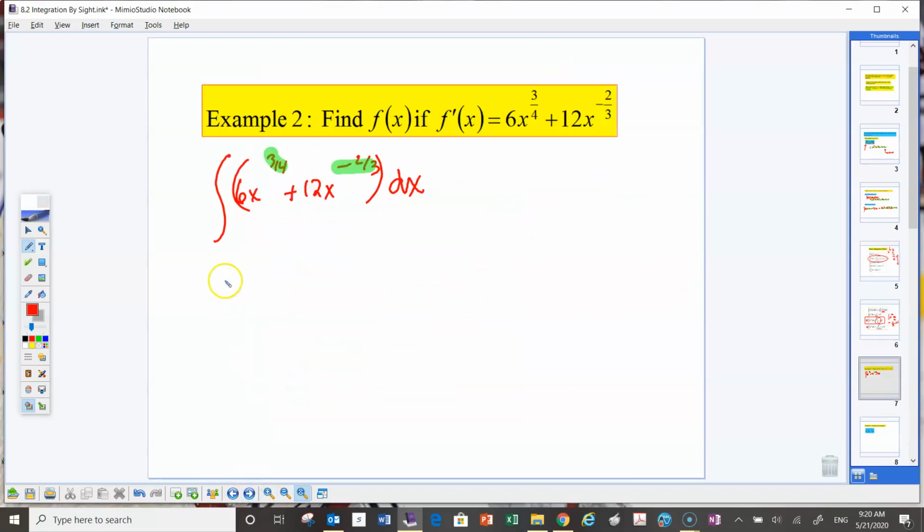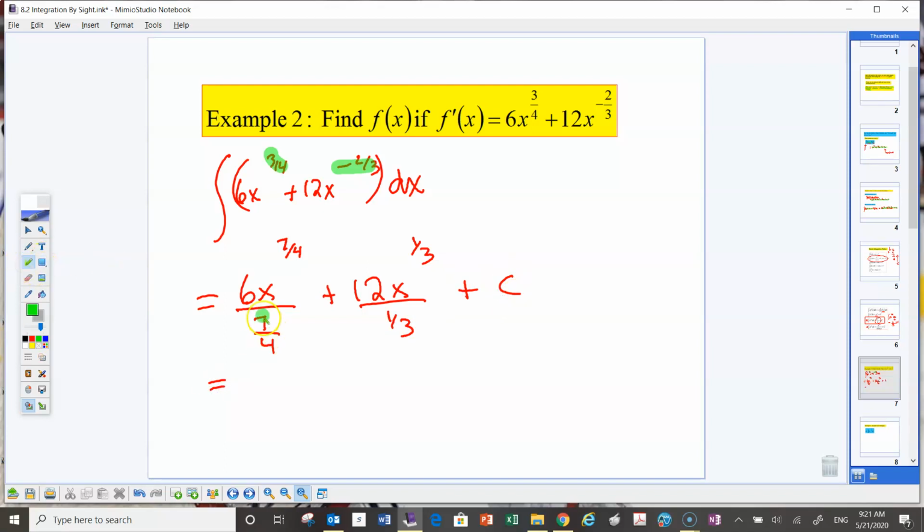So if I add 1 to 3/4, and we'll just do this in steps, I'm adding 4/4, which would end up being 7/4. And then I have to divide by 7/4, plus 12x. If I add 1 to -2/3, I end up with 1/3. And I divide by 1/3, and then I have to add a constant.